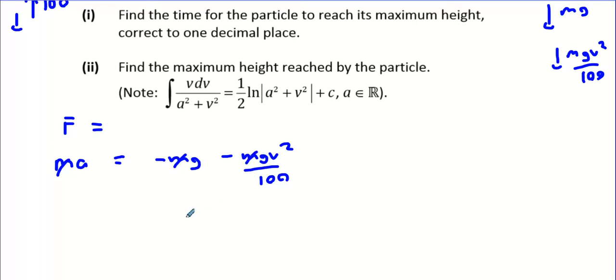Okay, and I suppose we could note that at its maximum height, v equals 0. So I think we'll change a into dv/dt, and we'll have minus g minus v squared over 100. Okay, so far so good.